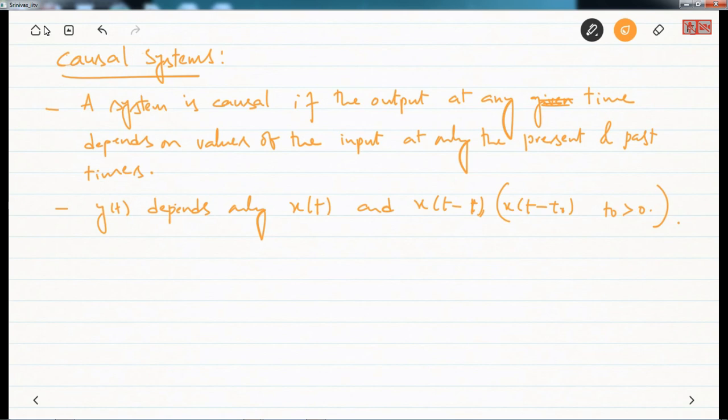So the output depends only on the current input and the past inputs. Such a system is causal, and the automobile will never anticipate or imagine what the future inputs from the driver will be. It acts on the inputs given till that point of time.